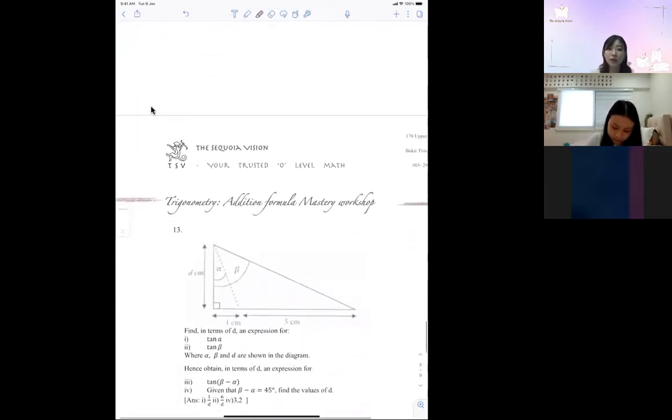Give you 2 more minutes. Okay. Try. Tangent 2x, you want to change everything to x, you must use your double angle. Okay. So you must use addition and double angle. Usually they come hand in hand.